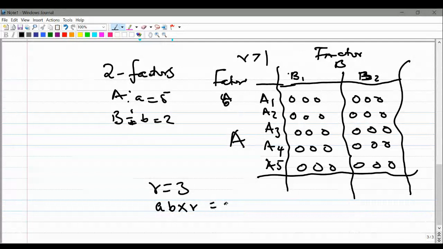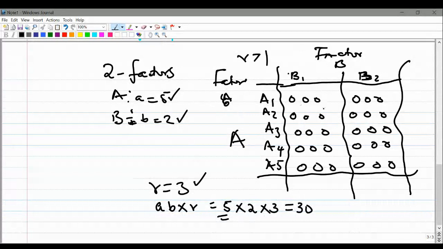We have A1 to A5. So in this case, it will be 5 multiplied by 2 multiplied by 3. What is the answer here? A is equal to 5, B is 2, R is 3. It's 30, right?